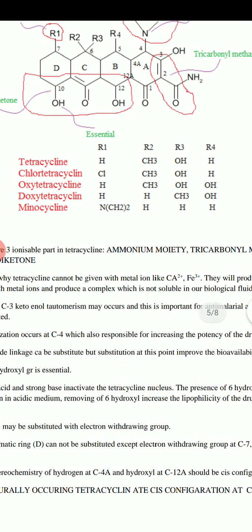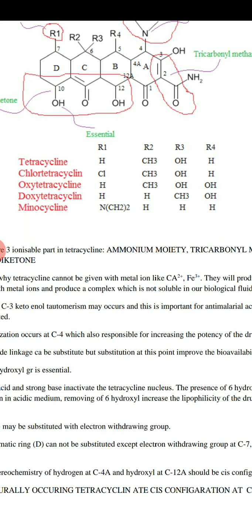The 10 hydroxy is very essential, and there is also a keto-enol tautomerism between the 10 and 11 carbon. Strong acid and strong base inactivate the tetracycline nucleus. The presence of 6 hydroxy is responsible for deactivation in acidic medium.